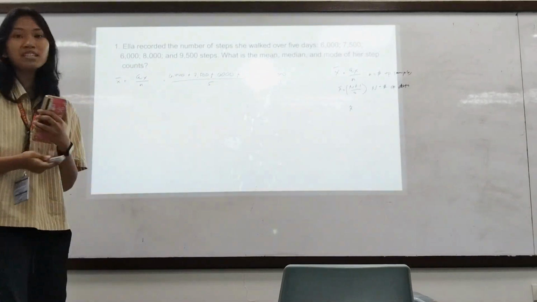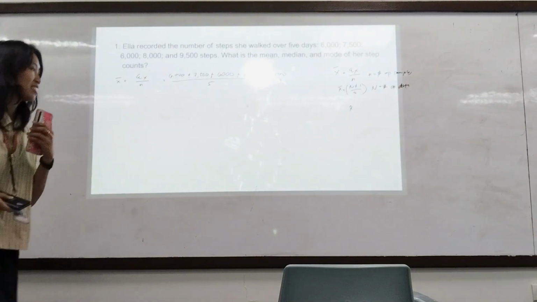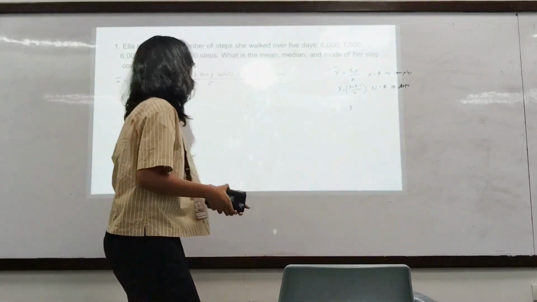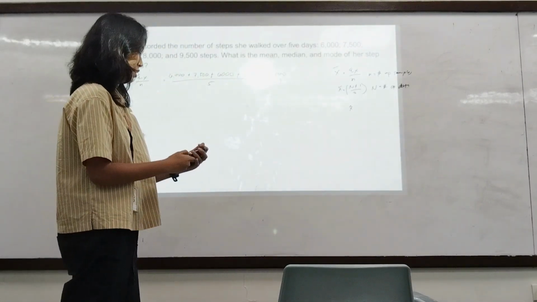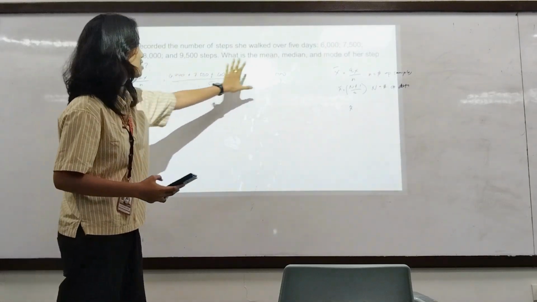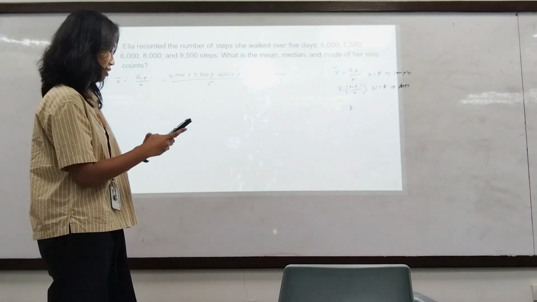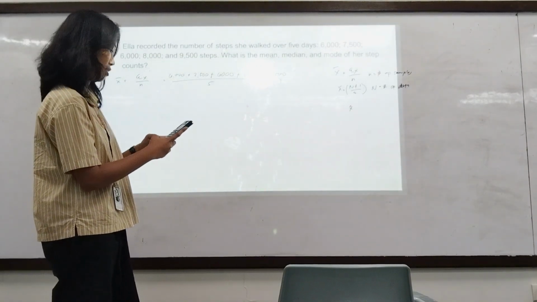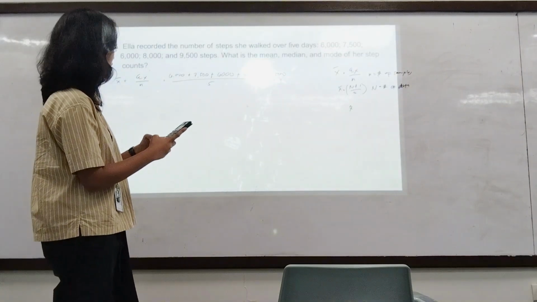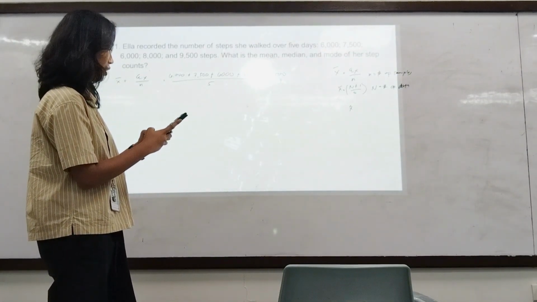So what we're going to do is get our calculator and first add the upper part: 6,000 plus 7,500 plus 6,000 plus 8,000 plus 9,500.